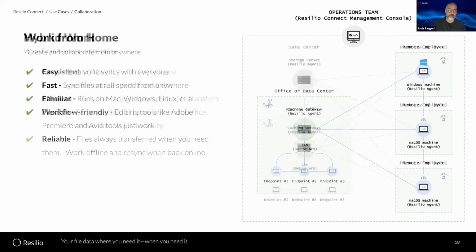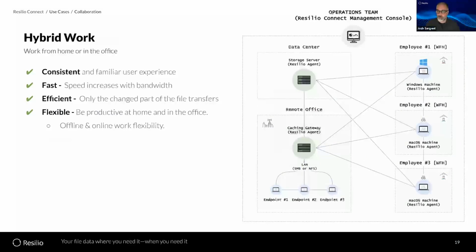and not overrun it. Hybrid is becoming popular now as companies start to bring people back into the office, maybe partially. So some days they're working from home, some days they're coming into the office. Maybe you've got remote offices, and we do this really well because we're not changing the way users access data if they're at home versus if they're in the office. Resilio syncs regardless of the network.